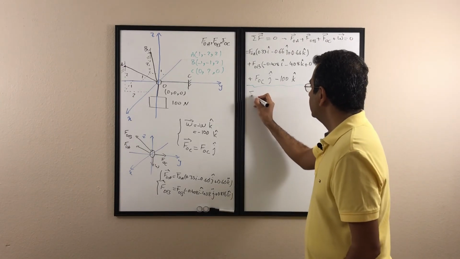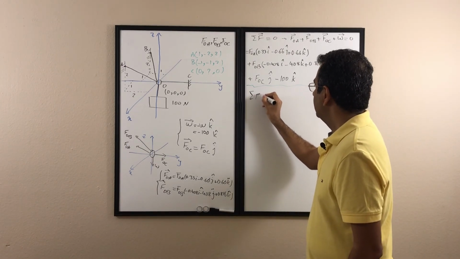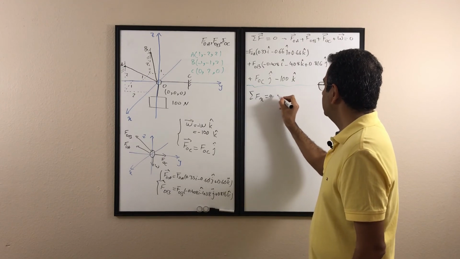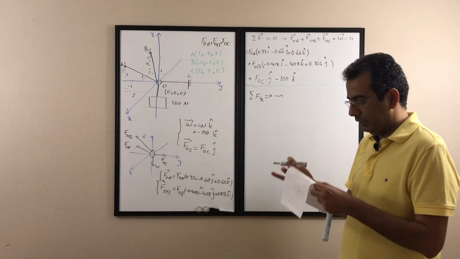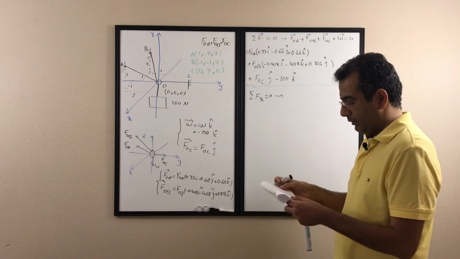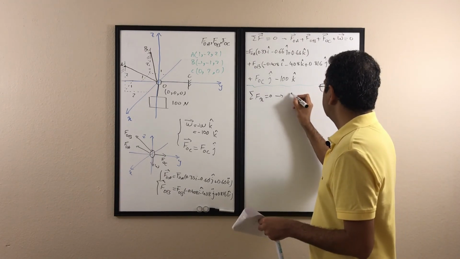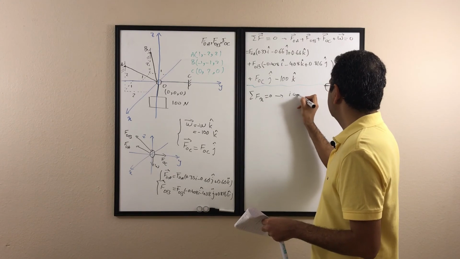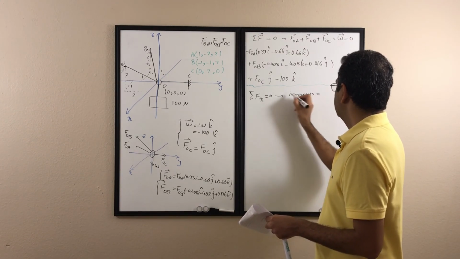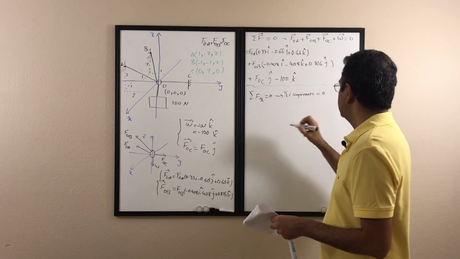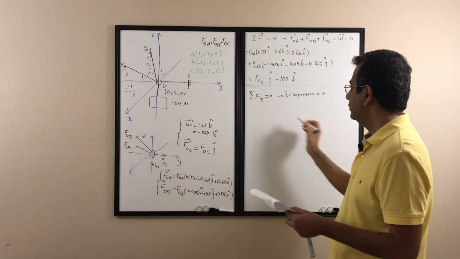So I write sigma Fx equal to 0, which means adding all the I components together.